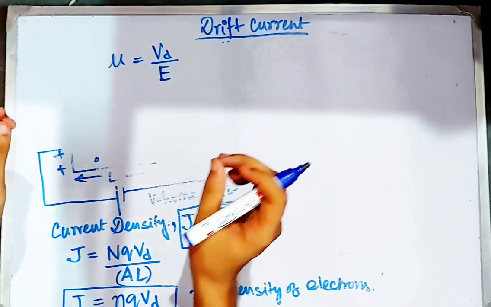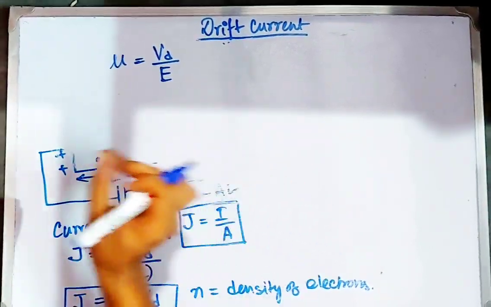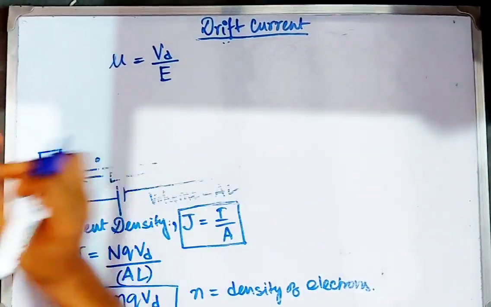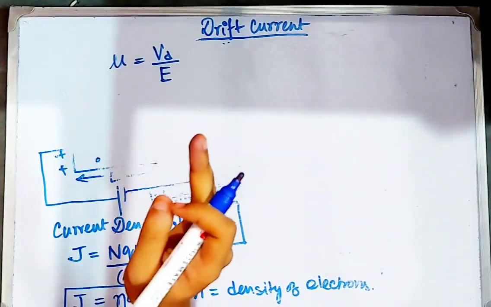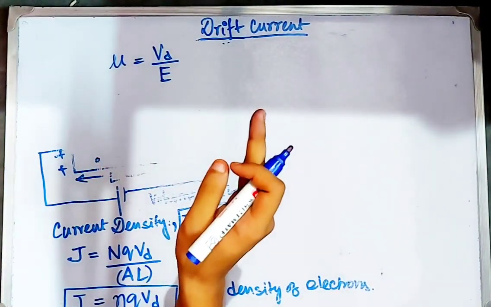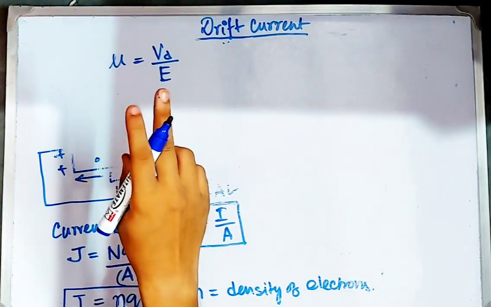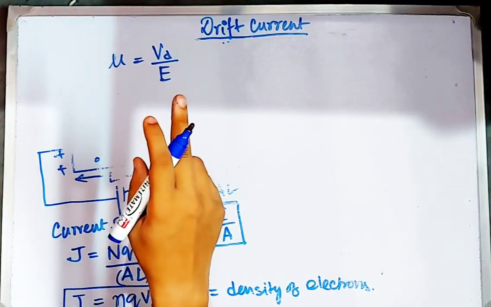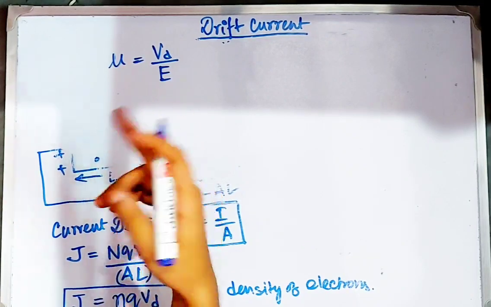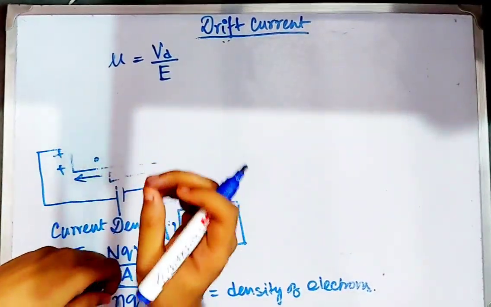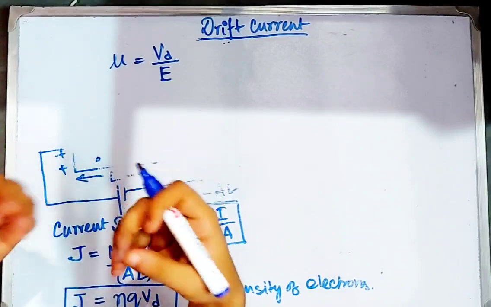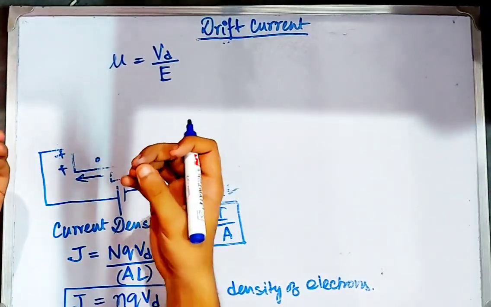If I calculate the drift velocity of the charge carriers within the semiconductors, and measure the applied external electric field, and take the ratio between these two, then we get the mobility of the charge carriers. And what is the significance of this quantity, mobility?